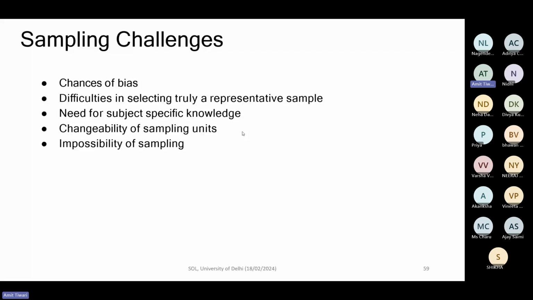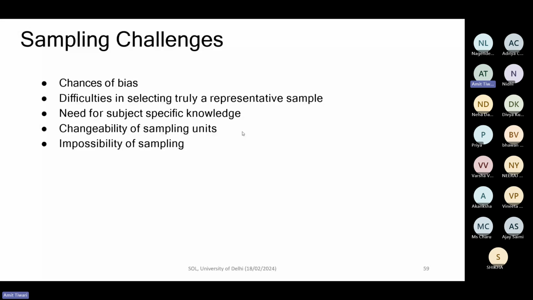And there are different units of sampling. Sometimes you are sampling individuals, sometimes you are sampling the data. These are other challenges which will come. Then sometimes you will not be able to perform the sampling at all, which is called impossibility of sampling. It is not always possible to do the sampling.